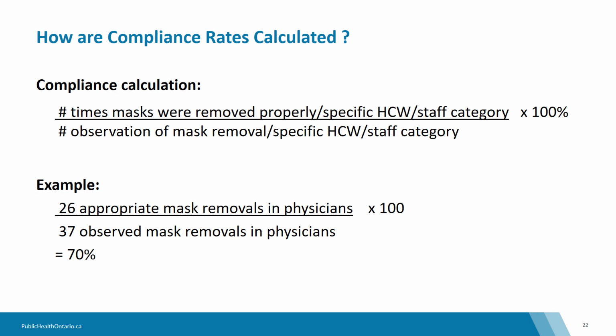In the example here, you would divide the total number of times that proper removal technique for masks was observed for a particular healthcare worker or staff category by the total number of observations of that practice for that healthcare worker or staff category. And this would include both the observations where it was done properly plus the observations where it wasn't. You then multiply this by 100 to get a percentage.